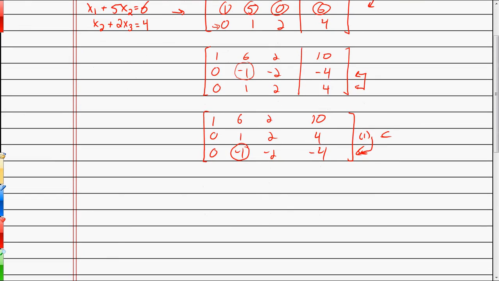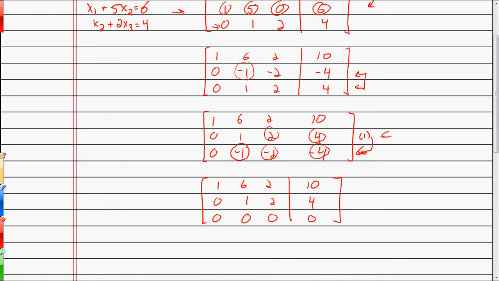And when you do that, you get 1, 6, 2, 10, 0, 1, 2, 4. 0, 1 times 1 is 1, plus negative 1 is 0. That's why I just multiply by 1. 2 plus negative 2 is 0. 4 plus negative 4 is 0.